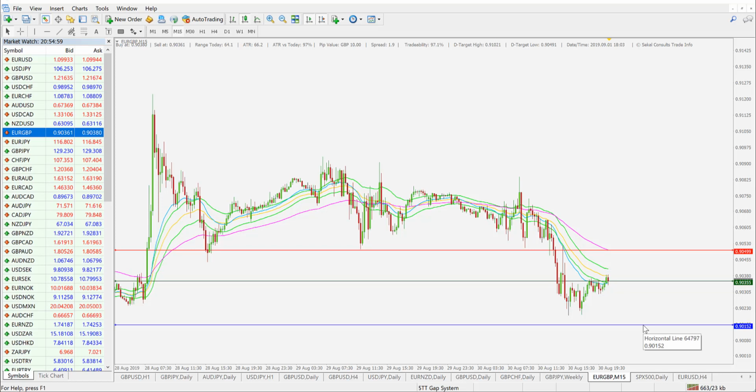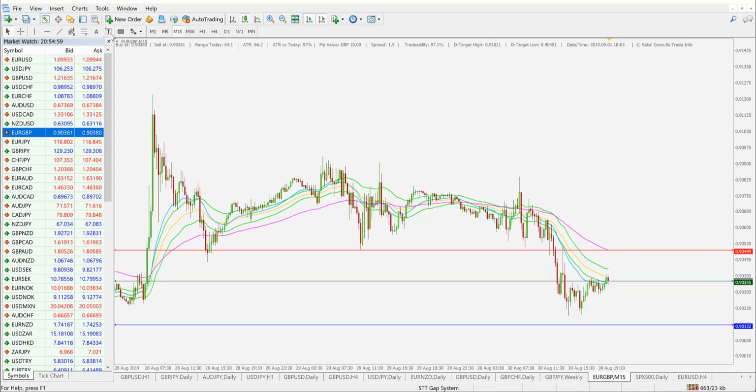And so to calculate our lot size for this trade, remember the formula is lot size equal to risk in dollars or in the currency over stop loss pips times pip value.